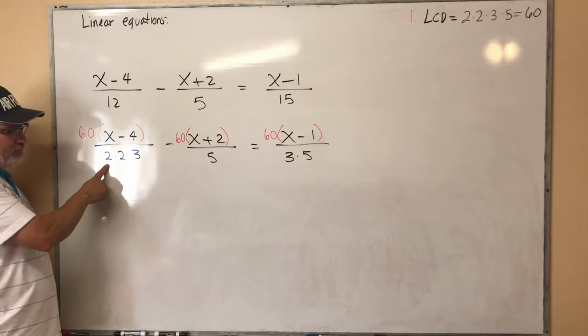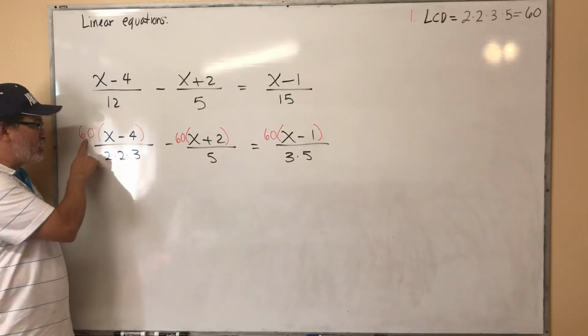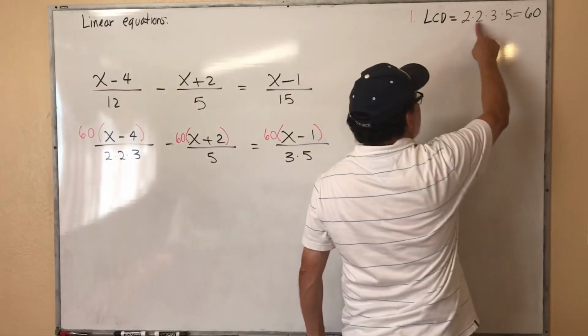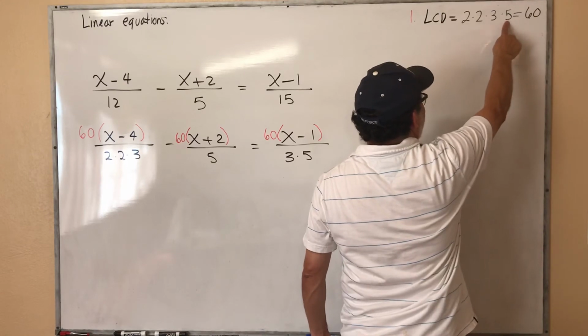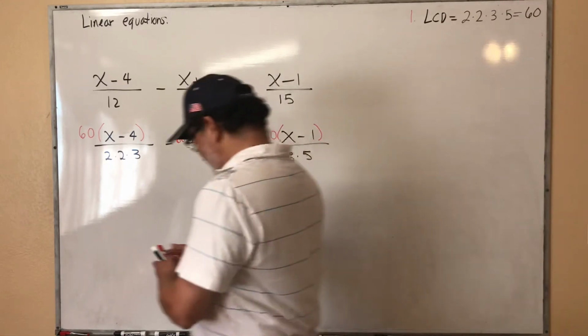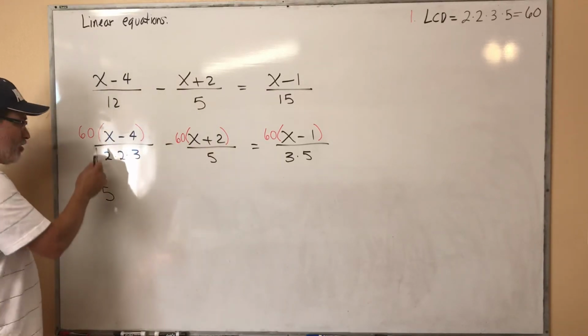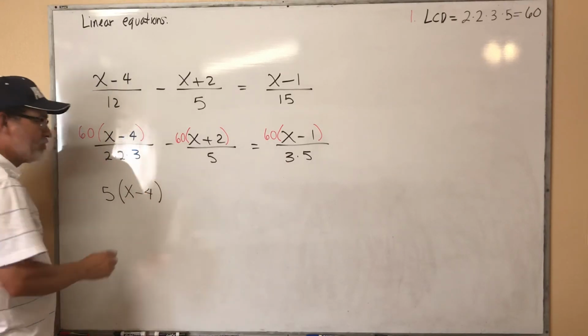So 2 times 3 is 12. 12 into 60 is 5. That's the answer right there. So that's 5. And we're not going to worry about parentheses. 5 times x minus 4.